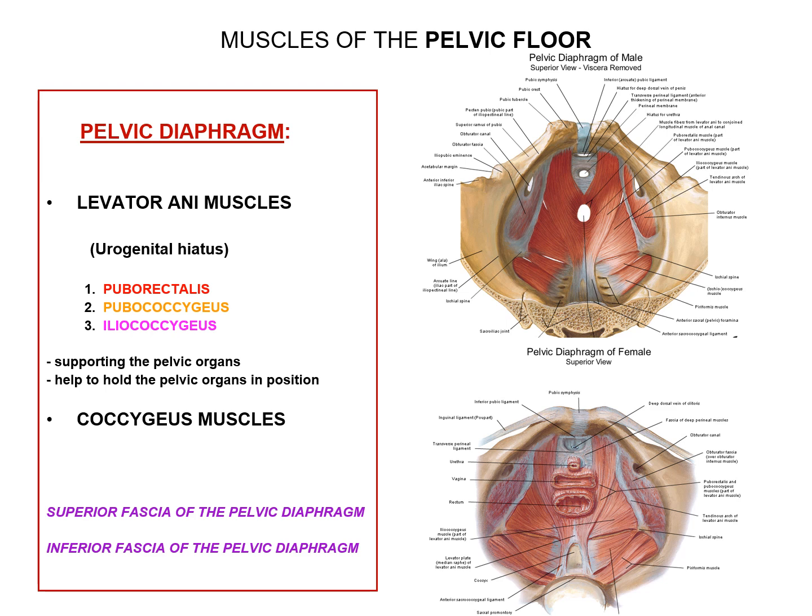The pelvic diaphragm, in its anterior region, contains a U-shaped defect, the urogenital hiatus, which is associated with elements of the urogenital system.